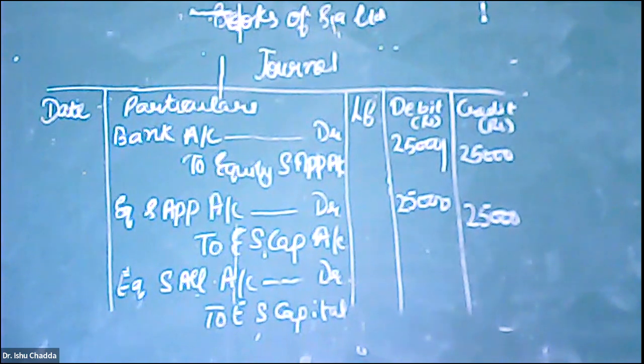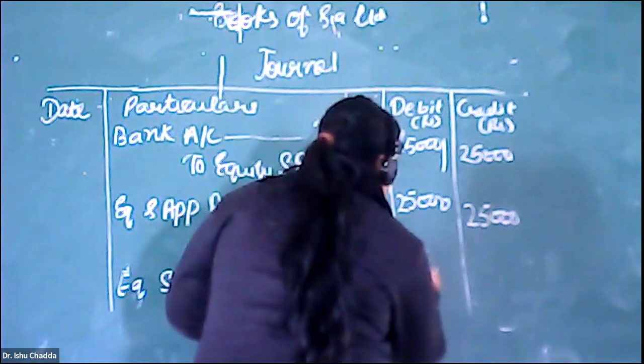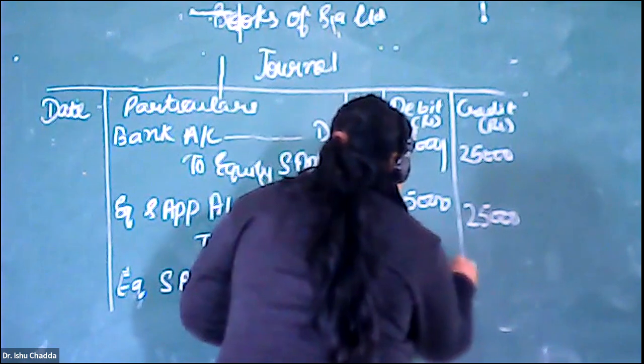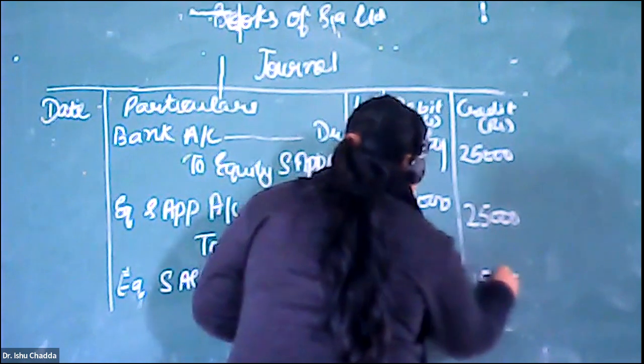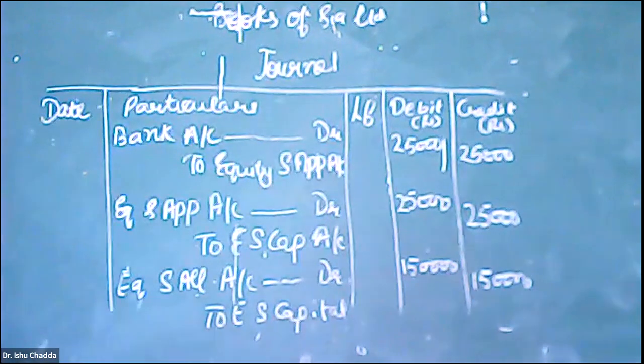That is 60% of 10, which is rupees 6. So 25,000 into 6 will be 1,50,000 rupees. The application has been received and the shares have been allotted.